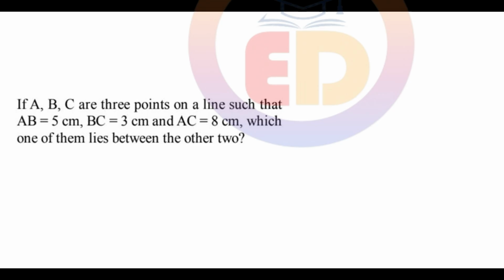A, B, C are 3 points on a line such that AB is 5 centimeter and BC is 3 centimeter. And AC is equal to 8 centimeter.